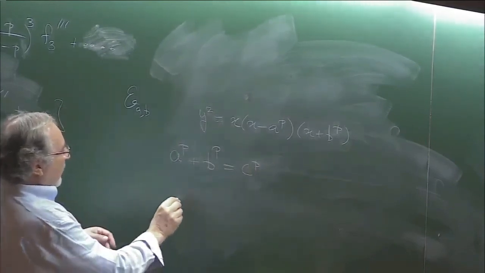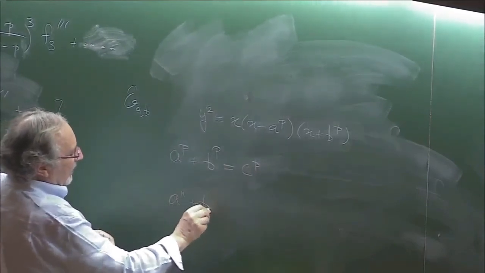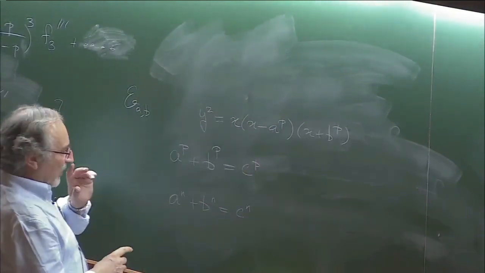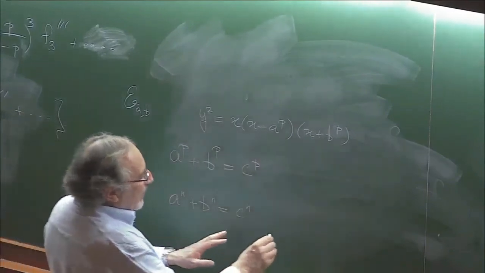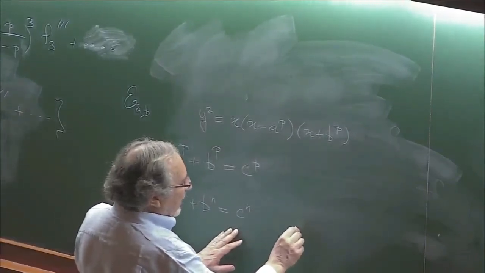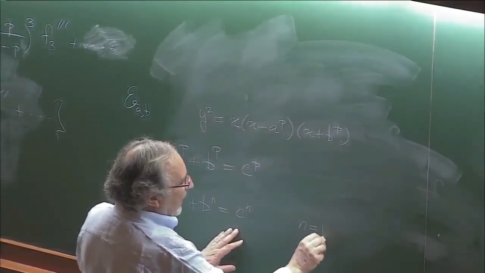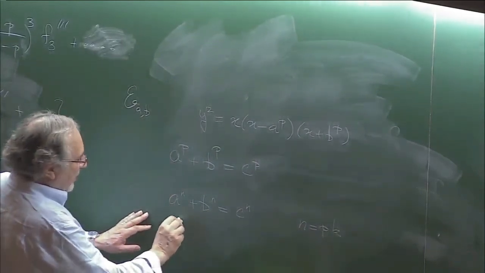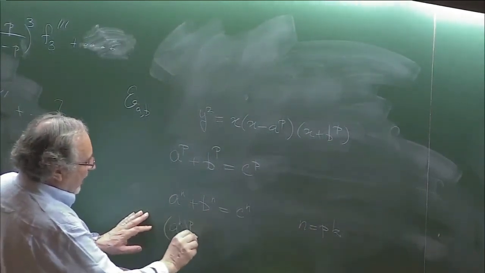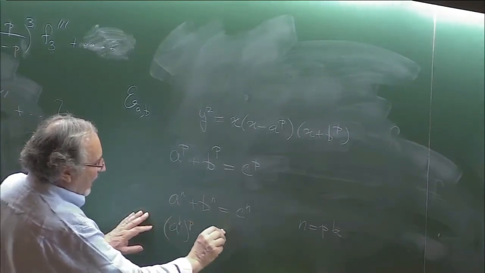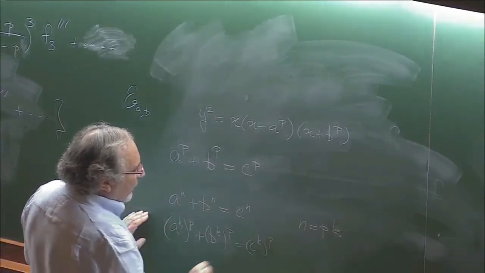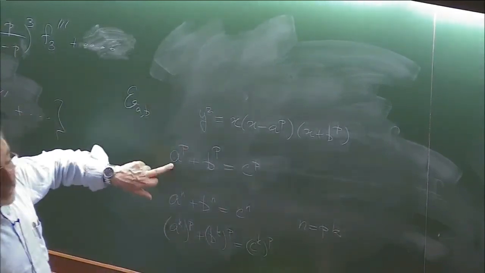Because if you have a to the n plus b to the n is c to the n, n is either prime or it's not. If it's not prime, then you can extract a prime factor, so you can write n as p times k, and then you have a to the k to the p plus b to the k to the p is c to the k to the p. So it's enough to study this.